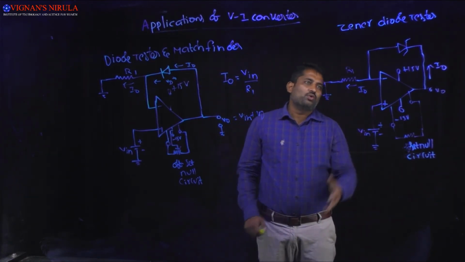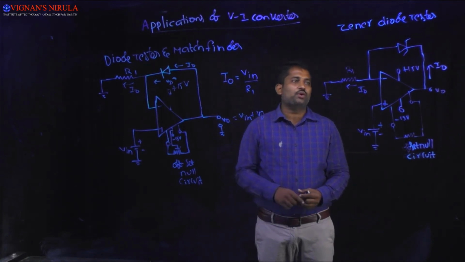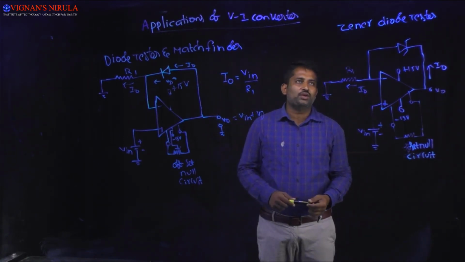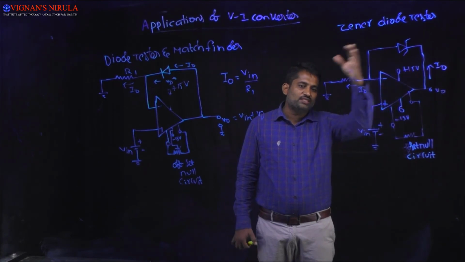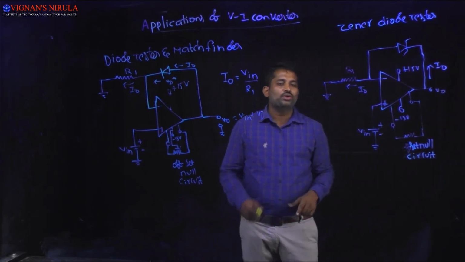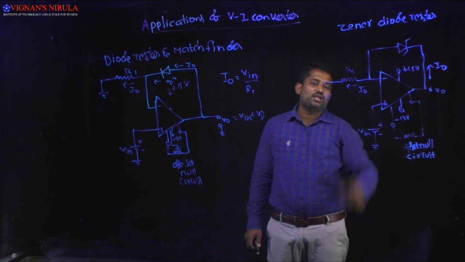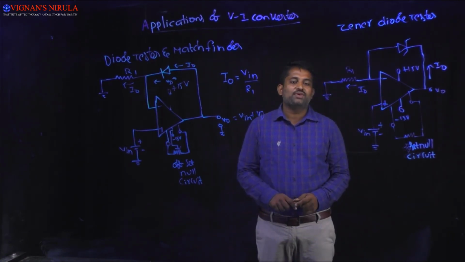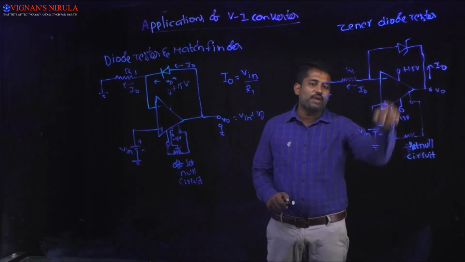Okay, now we are replacing that diode with the Zener diode. So V to I converter is also used as a Zener diode tester. Here the Zener diode is connected in a reverse biased condition in the feedback path.